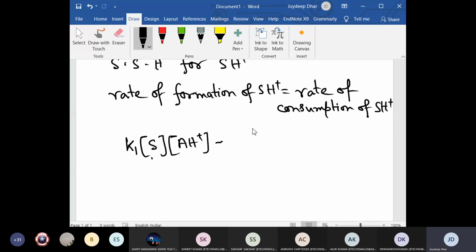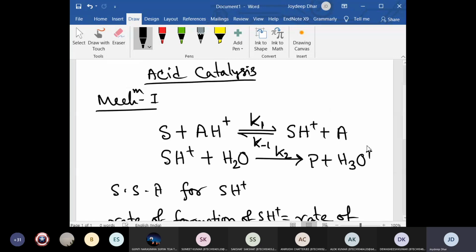And SH+ is consumed in two reactions. One is the backward reaction, another is it reacting with water to give product. So it is consumed in two steps.